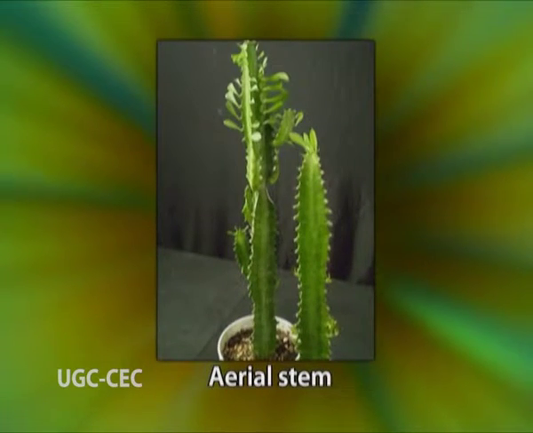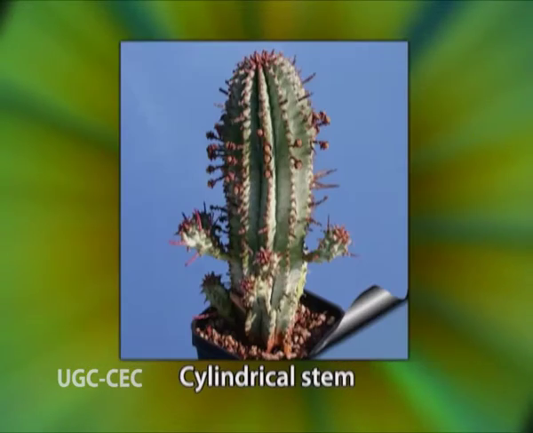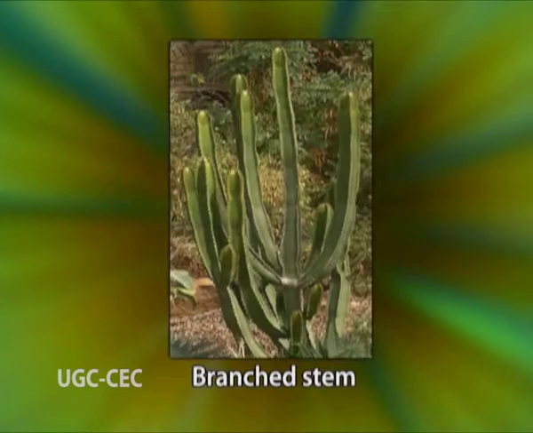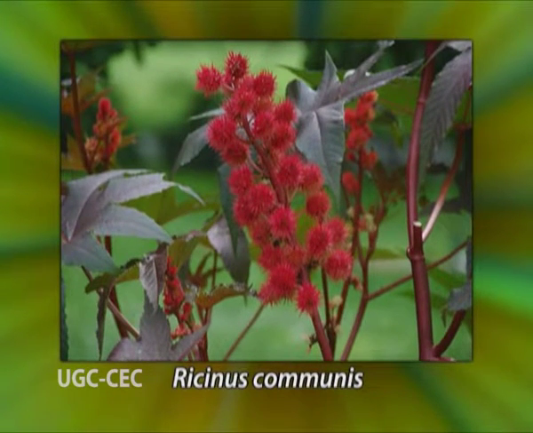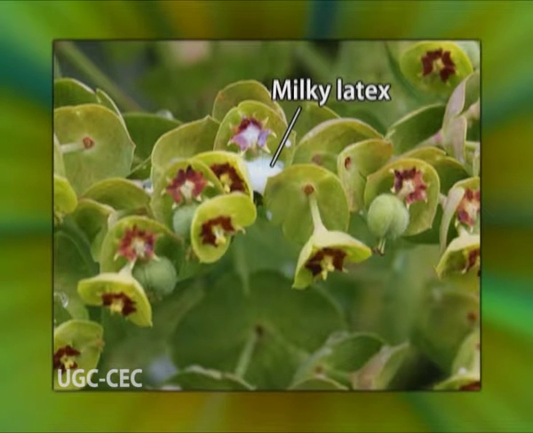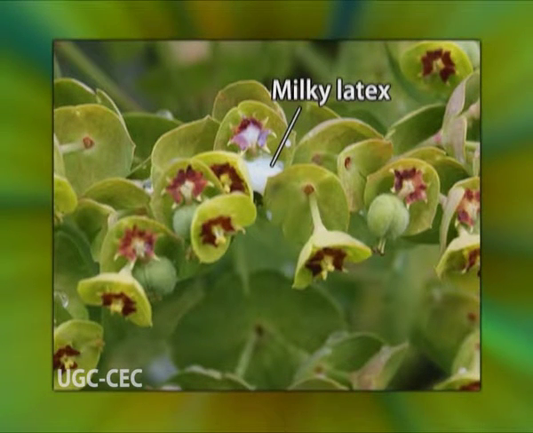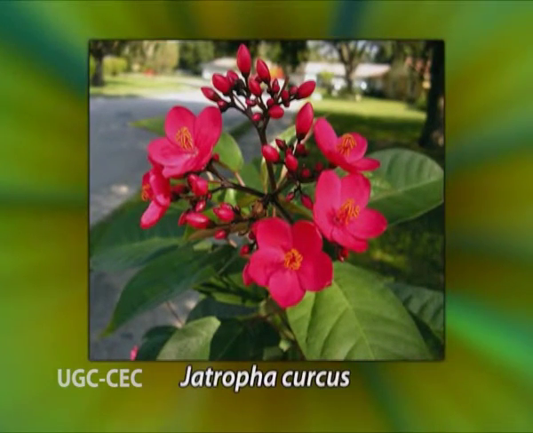Stem: it is aerial, erect, prostrate, example Euphorbia prostrata, cylindrical, branched, solid, or hollow, example Ricinus communis. Usually stem contains milky latex, example Euphorbia species, or watery latex, example Jatropha curcas.